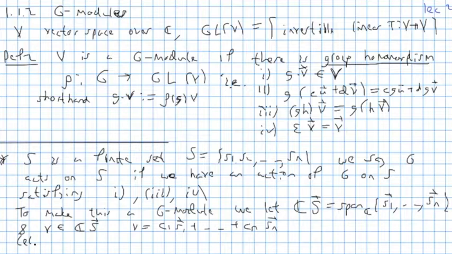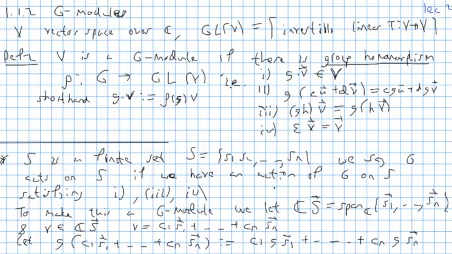So if G acts on this vector, it just acts component-wise. It will be C1 G S1 plus C2 G S2 plus through Cn G Sn.